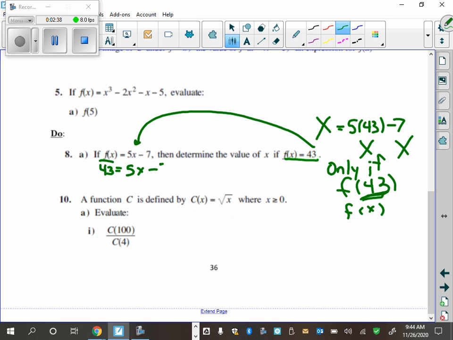Okay, so star this one. You're going to have these questions too. I lied. You probably have 1/3 of these, 2/3 of the ones where you just substitute. But you need to know the difference. I'm not asking you for F of 43 here. I'm saying F of X equals 43. So wherever you see F of X, you replace it with 43.